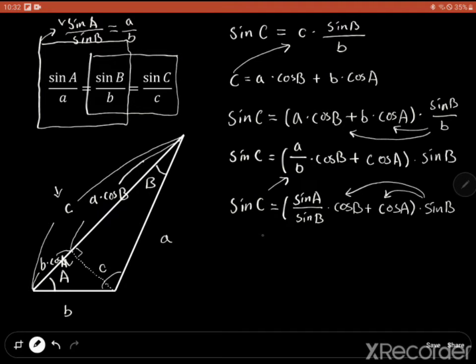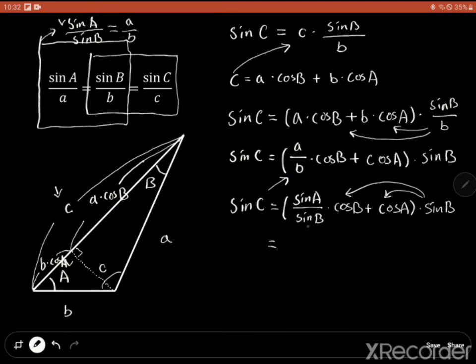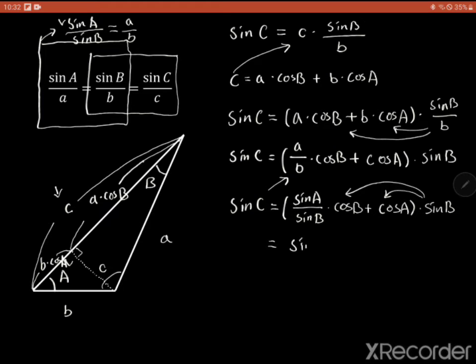Okay, in the first part, in the denominator there is sine b multiplied by sine b, so it will give directly sine a multiplied with cosine b, plus cosine a with sine b.